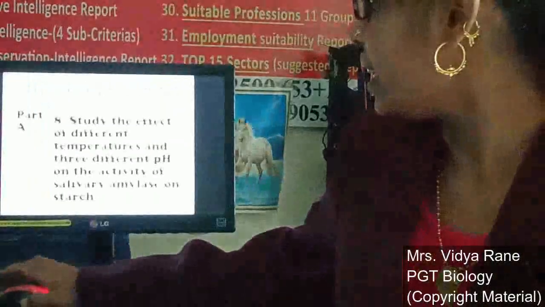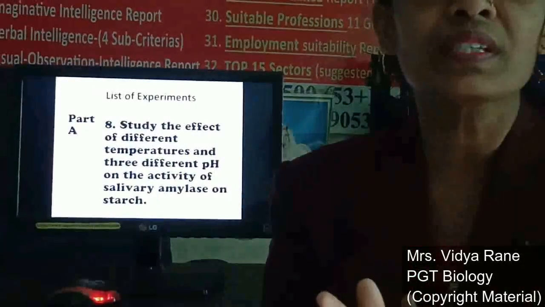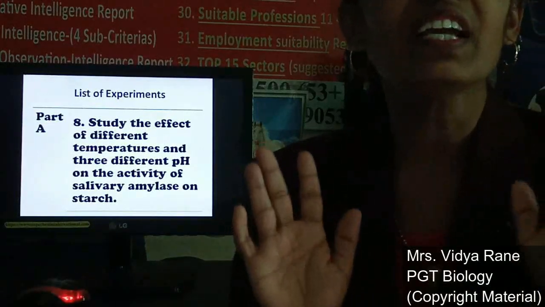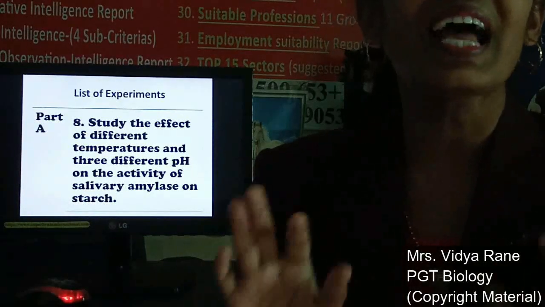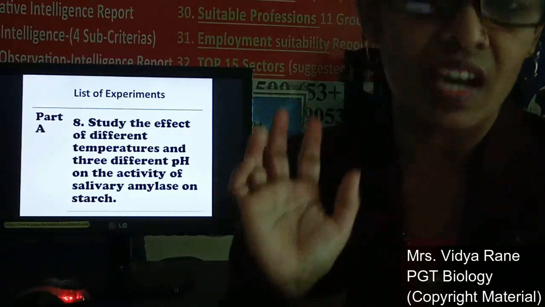Your next practical is practical number 8, where you are going to study the effect of temperature and the effect of different pH on the action of salivary amylase on starch.